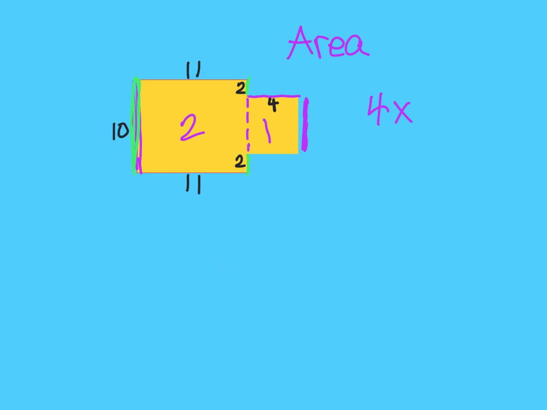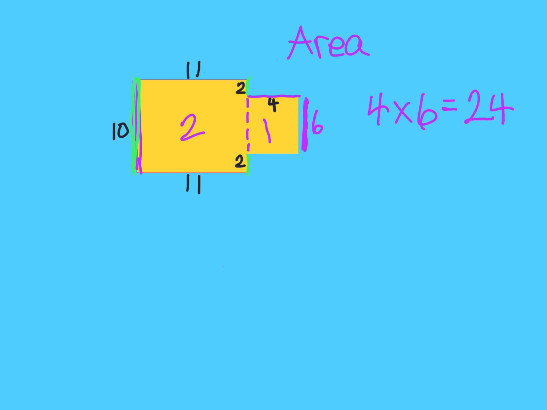So 10 minus 2 is 8, minus another 2 is 6. So the length of this side will be 6 units. So now we can say for section 1, 4 times 6, which would be 24 units squared.